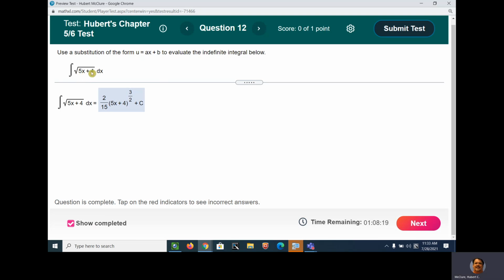So 5x plus 4, 5 dx: put a 5 here and a 1/5 on the outside. Then you take the antiderivative of u to the 1/2, which would be u to the 3/2 over 3/2, which would be 2/3, and that's where you get the 15. 2/3 times 1/5 is 2 over 15. And we've done several of these in class.